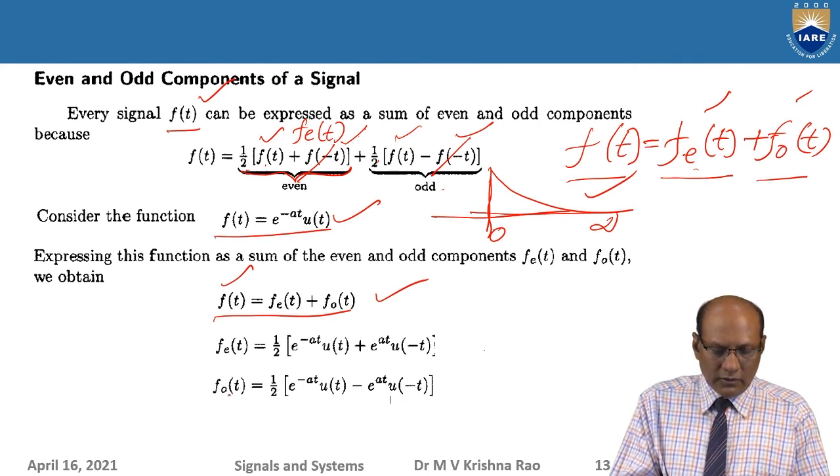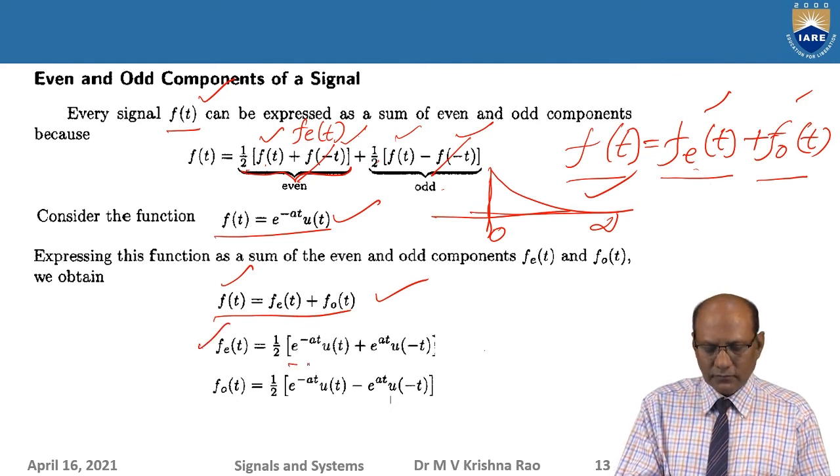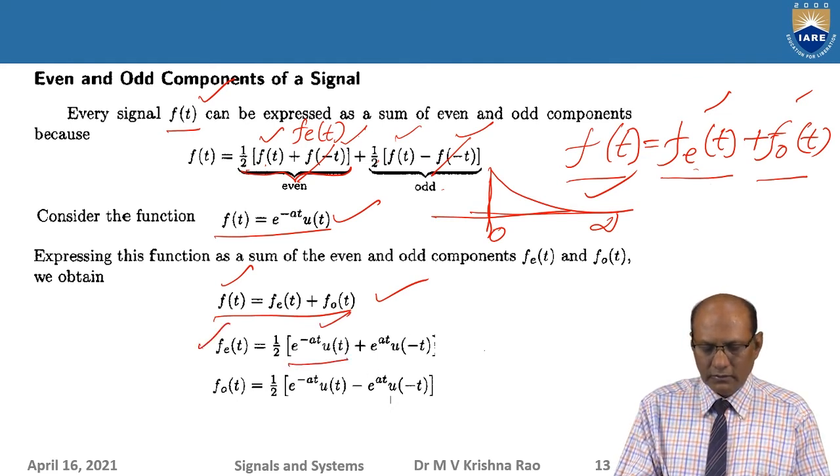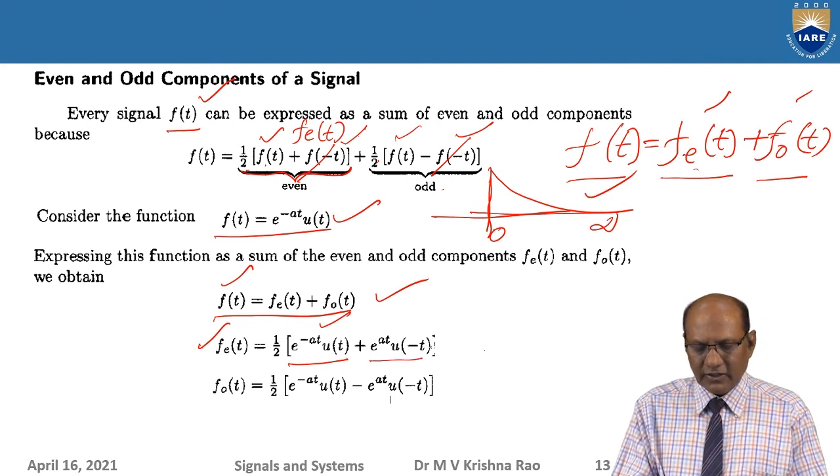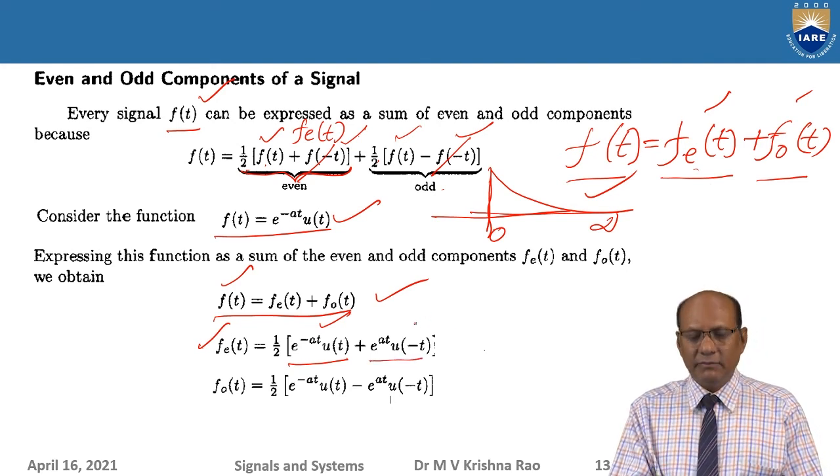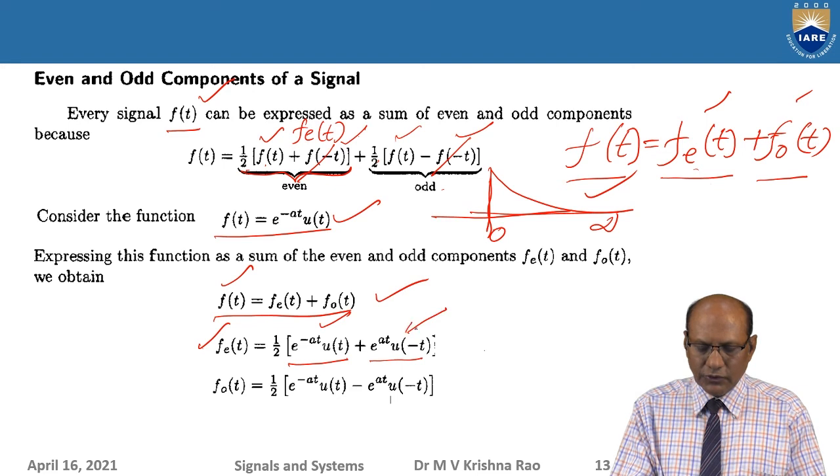Now, I want to find the even function. How will I find it? Take the original function, then take the inverted function. How will I get the time inverted function? Substitute t equal to minus t.